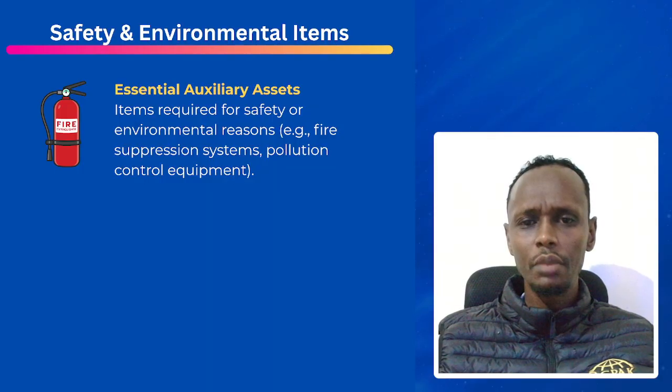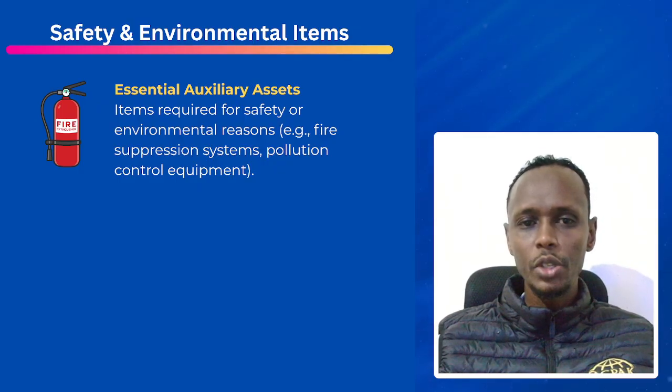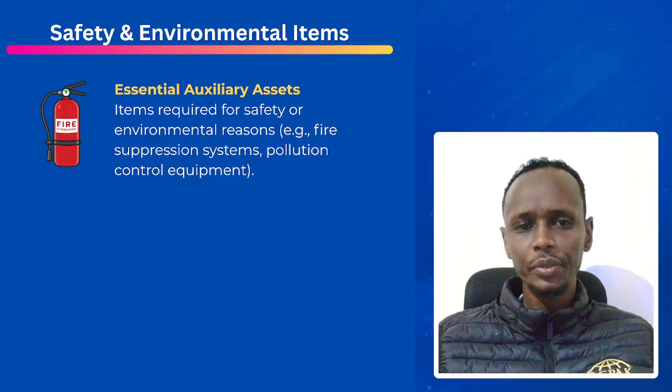There are other items which normally accompany, and they are called auxiliary assets. So those used for safety or for environmental reasons. Items required for safety or environmental reasons, e.g. fire suppression system, pollution control equipment, or sometimes even a license might require for you to have such items.